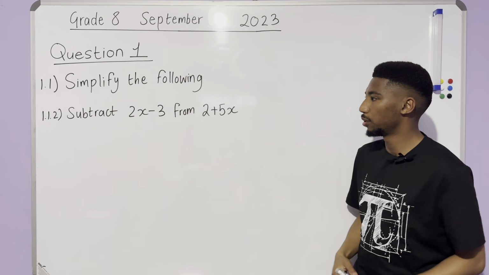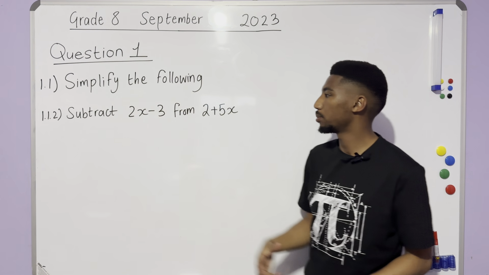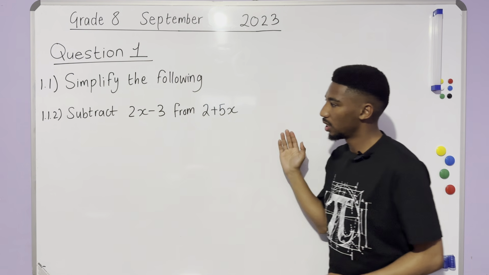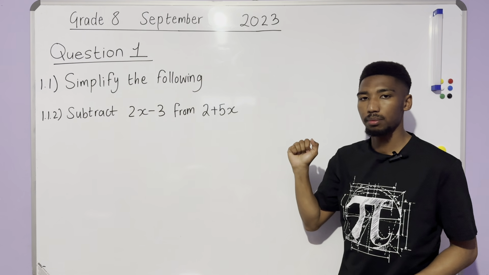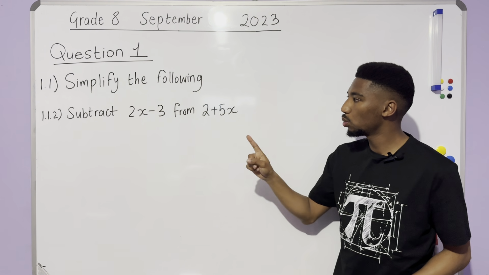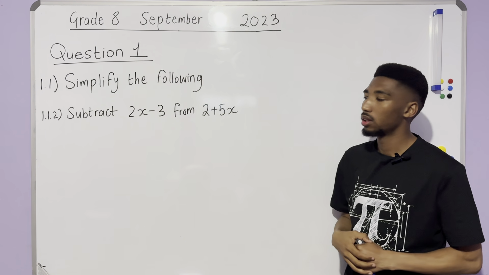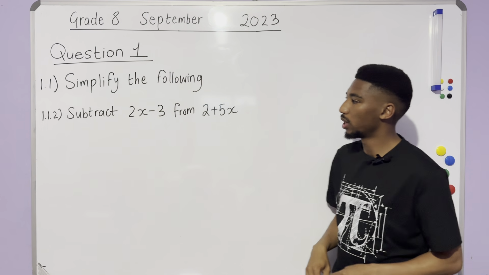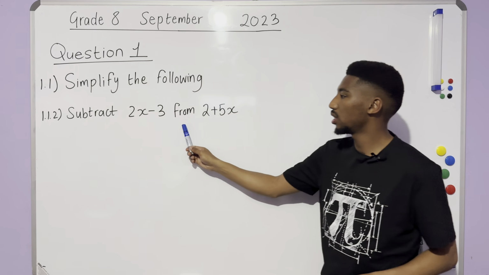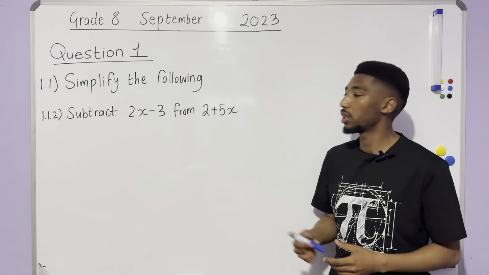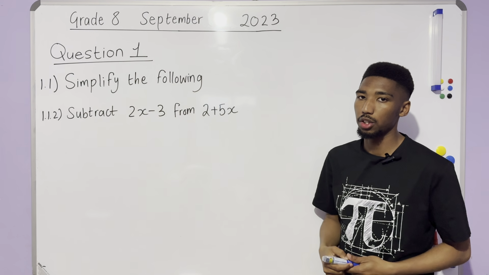In the next question, we have subtract 2x minus 3 from 2 plus 5x. We are subtracting an expression from another expression.